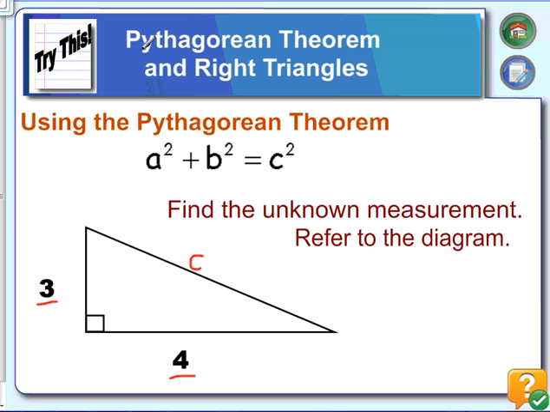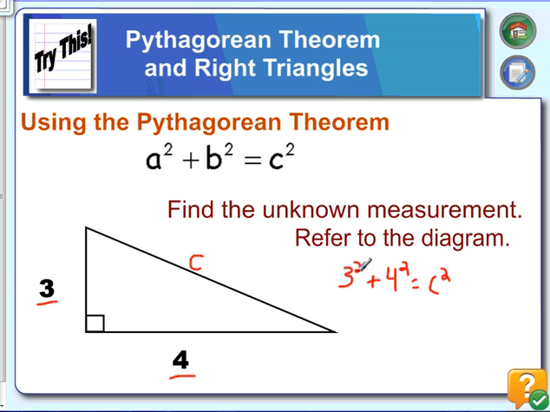We can plug 3 and 4 in for A and B, and we're trying to find C. So we have 3 squared, can't forget about the squared, plus 4 squared equals c squared. We don't know what that is.